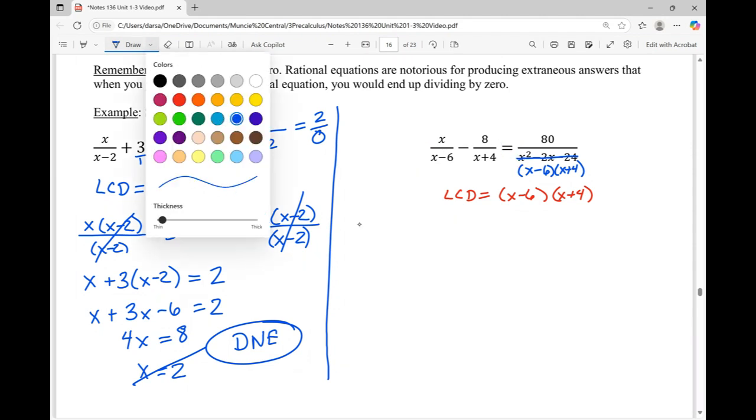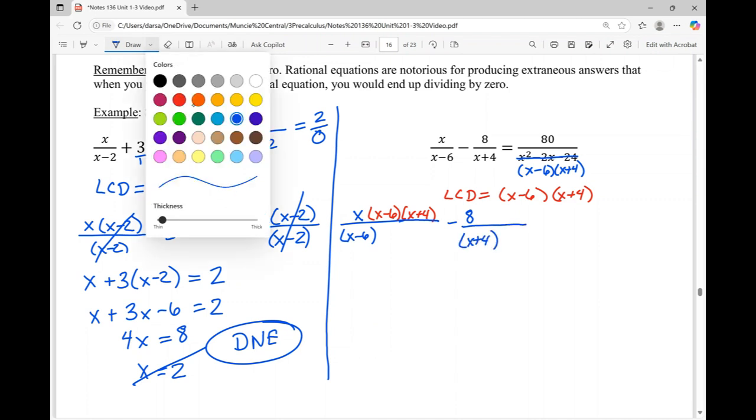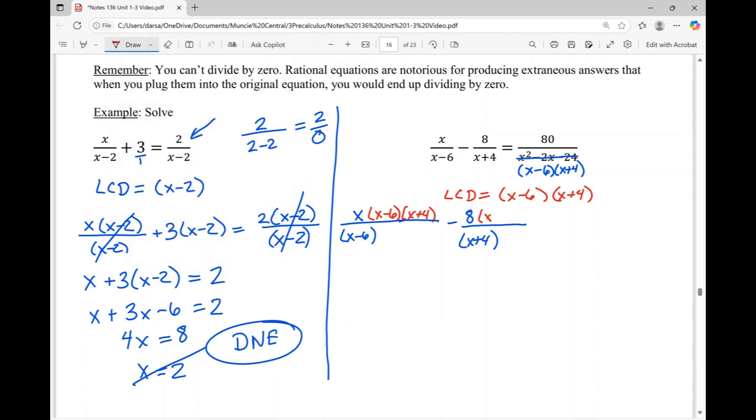So we're going to get x over x minus 6 times, in the numerator, x minus 6 x plus 4, minus 8 over x plus 4, and in the numerator, when we distribute, that'll be x minus 6 x plus 4.